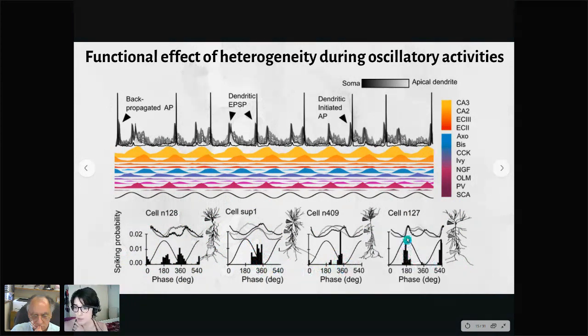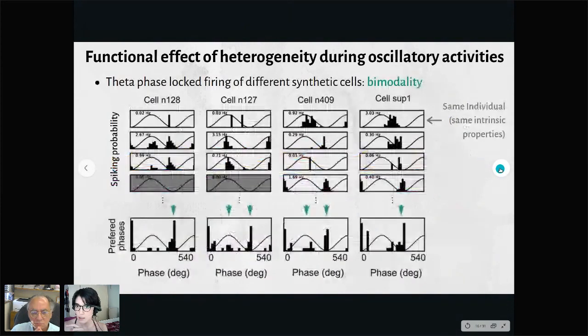And this one, just the opposite, fires mostly in the peak. We can see also that the traces reflect this same spiking. Here I've just shown one individual. Let's see more. The individual from the slide before is this second row.